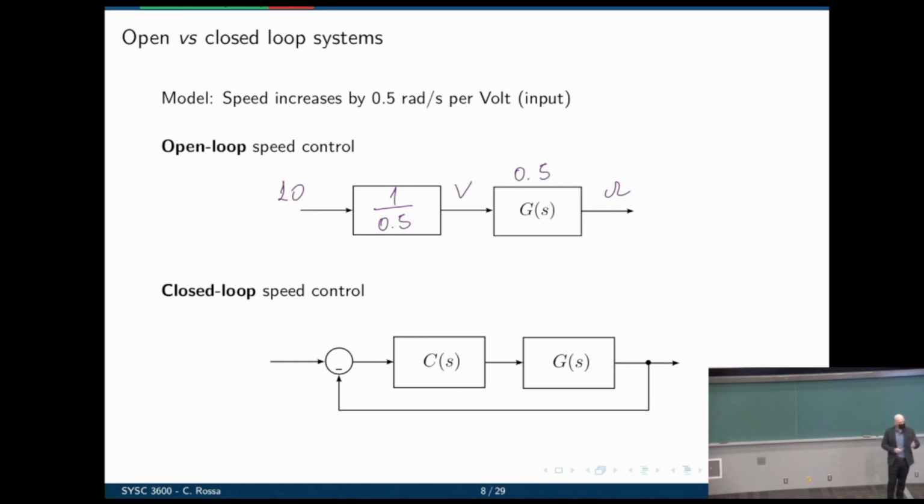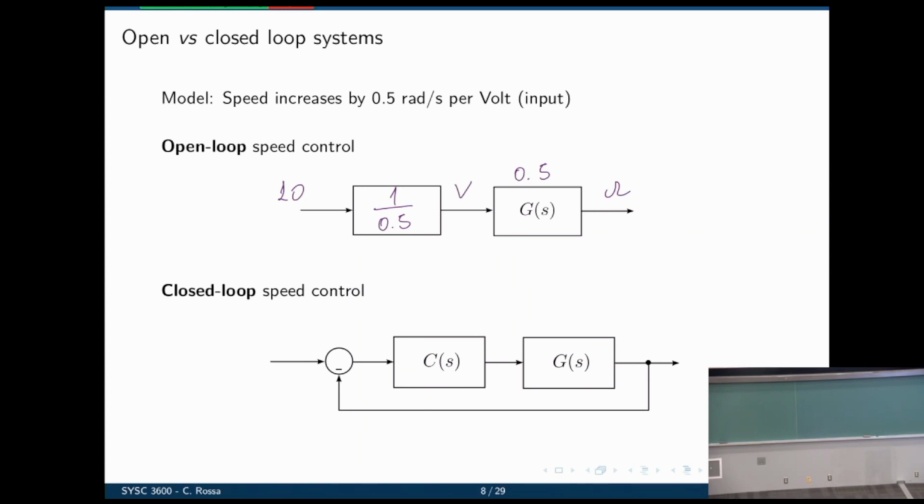And that's where the idea of closing the loop now comes in. Because even if our model G of S is not accurate, we are no longer looking at the absolute speed and the output. We are trying to minimize the error between the desired speed and the output speed. Right? So any external elements acting on the system will automatically be accounted for by that feedback loop.